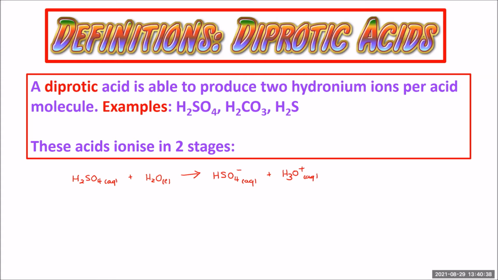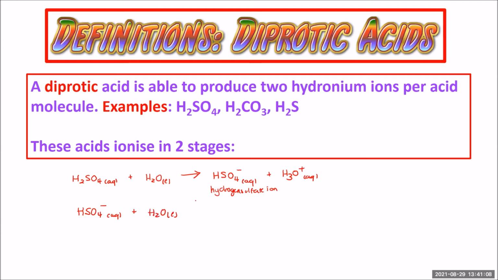Now, the hydrogen sulfate ion still has a hydrogen that it can donate, so we can have another ionization step. In this one, we have the hydrogen sulfate ion reacting with another water molecule.